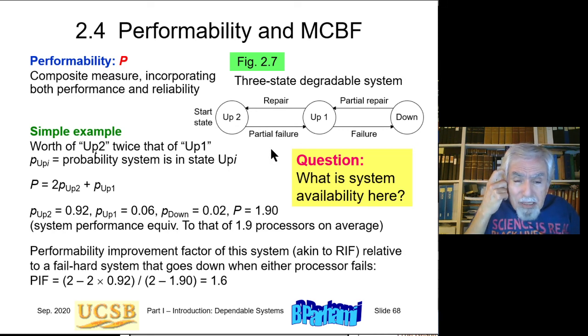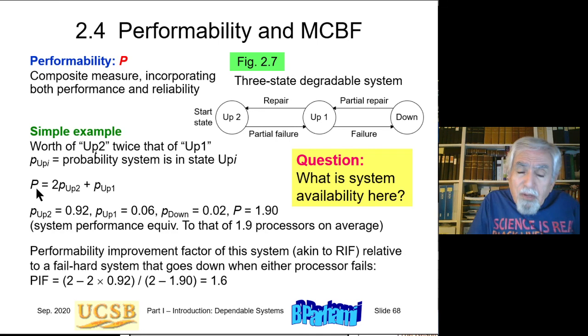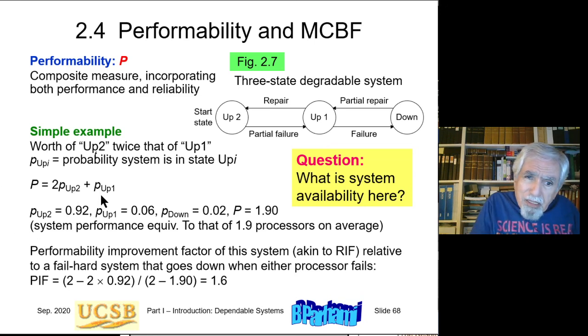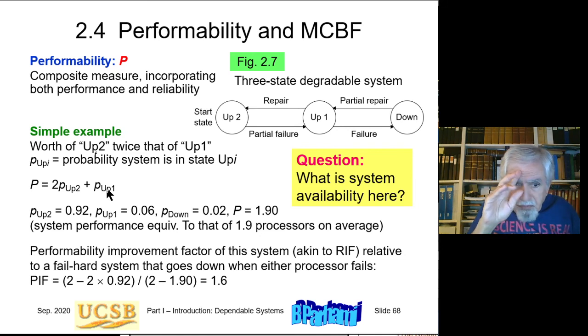Okay, so this system, let's say, has higher performance by a factor of 2 in this state compared with this state. So we define performability or average performance of this system as 2 times probability of being in this up 2 state plus 1 times the probability of being in this up 1 state.